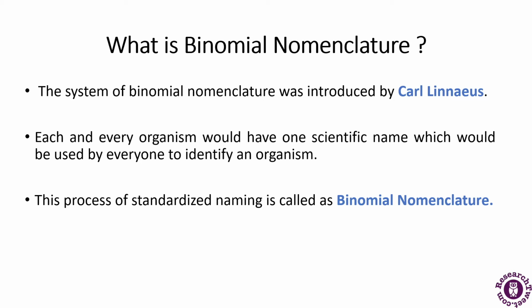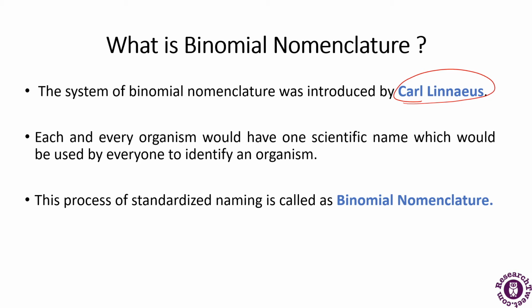Now, who discovered this binomial nomenclature? This system was discovered by Carl Linnaeus. There are multiple local names that make it extremely difficult to identify an organism globally and keep track of the number of species. That creates a lot of confusion.